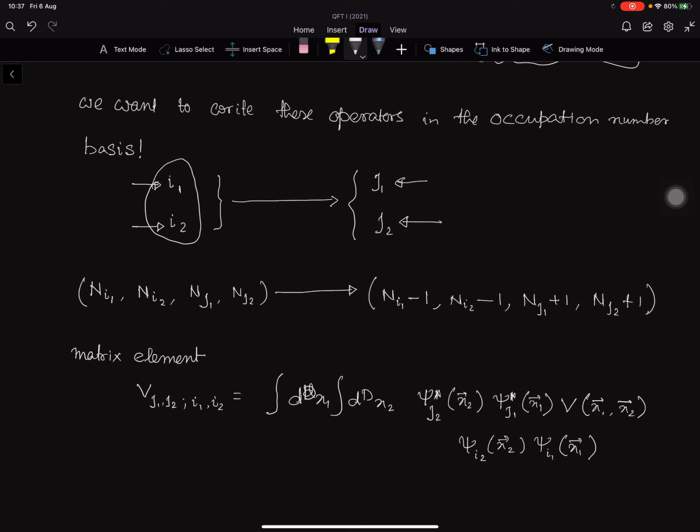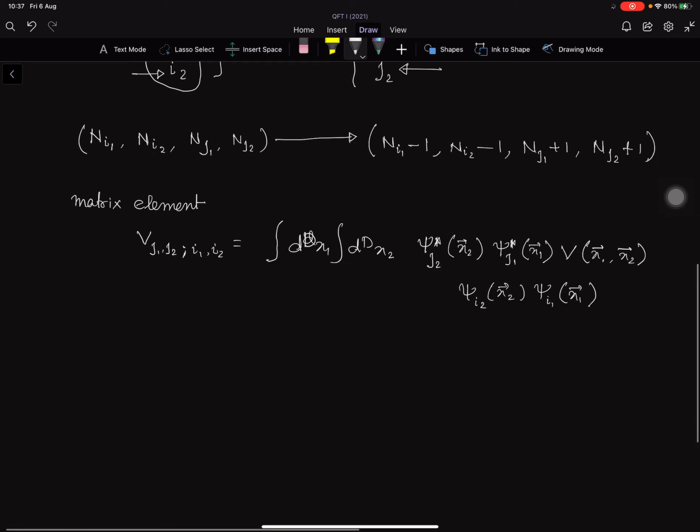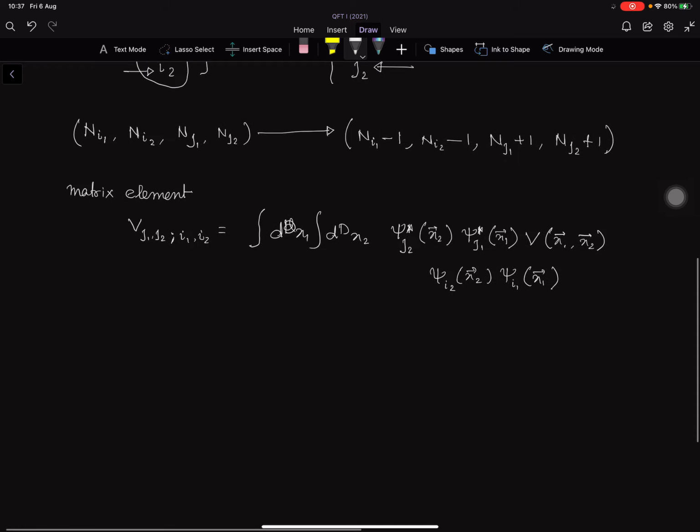So it has a matrix element. We define the matrix element in this way. It basically depends on two states in the bra and two states in the ket. So this is the matrix element. Now we want to know the action in the product basis, in the occupation number basis.